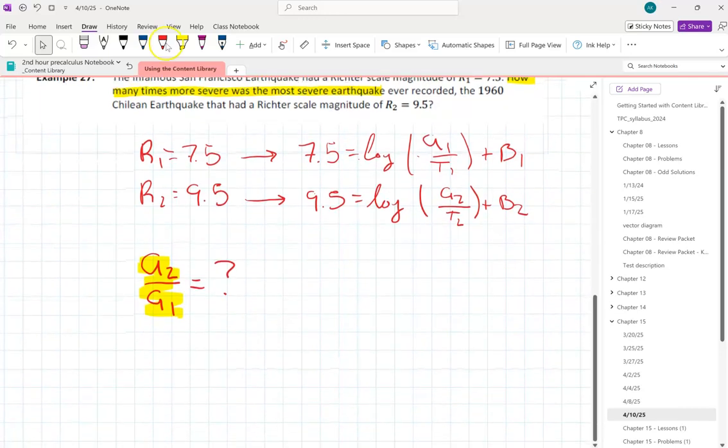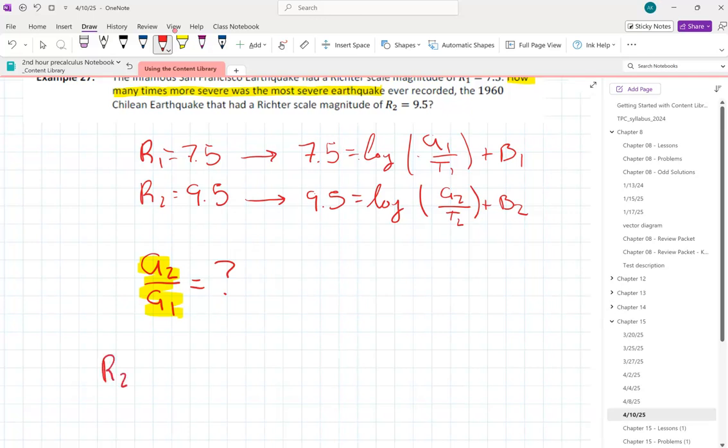So my plan here is I'm going to take R2 and subtract R1 from it.